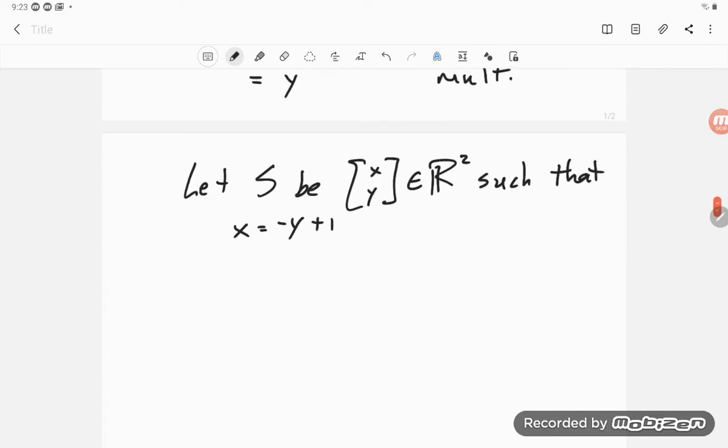Well, this is not a subspace, so I should probably write example 2 up here.